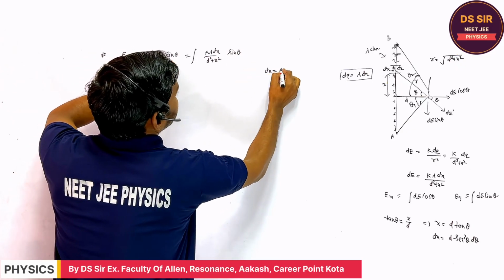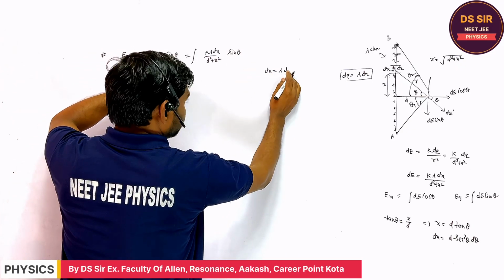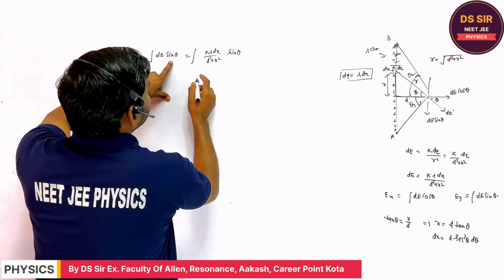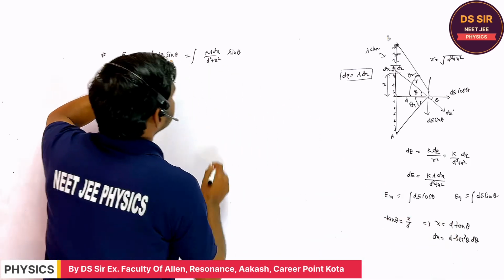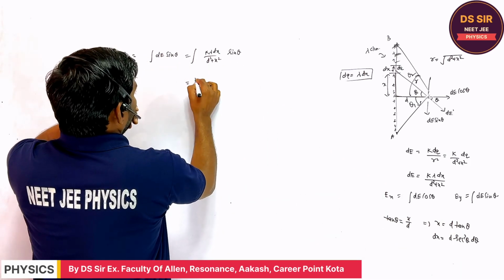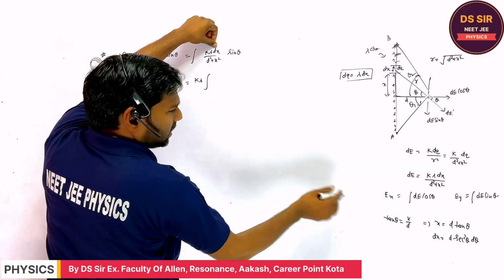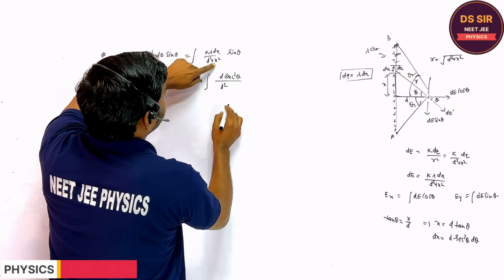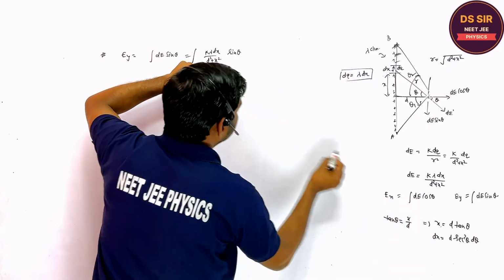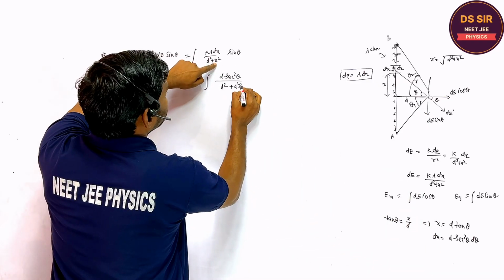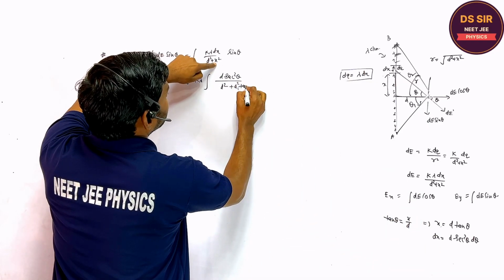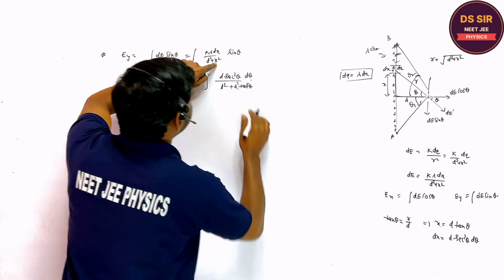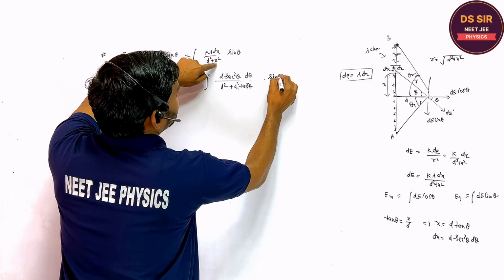The dx is d sec square theta d theta, and x is d tan theta, so x square is d square tan square theta.